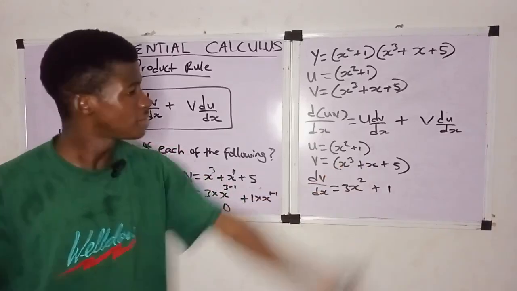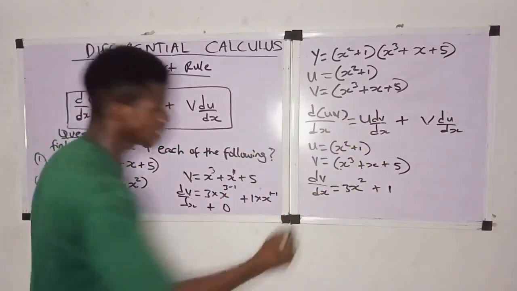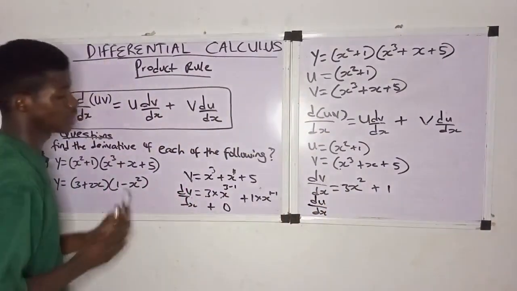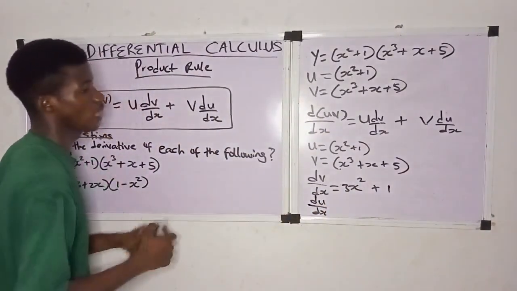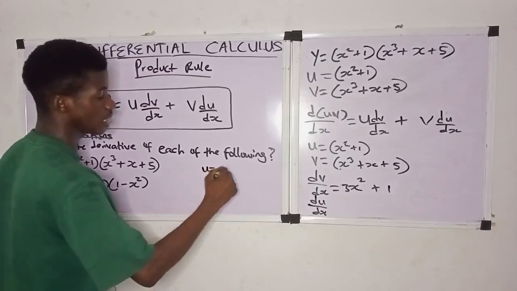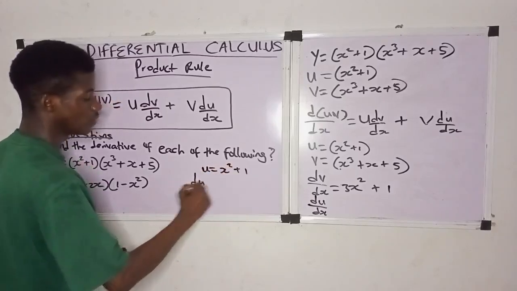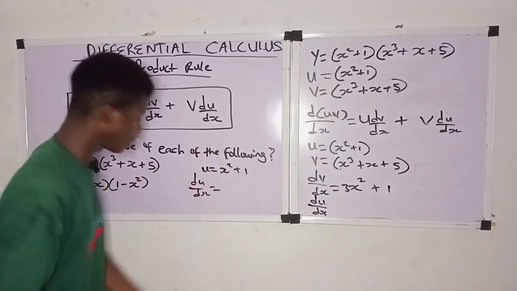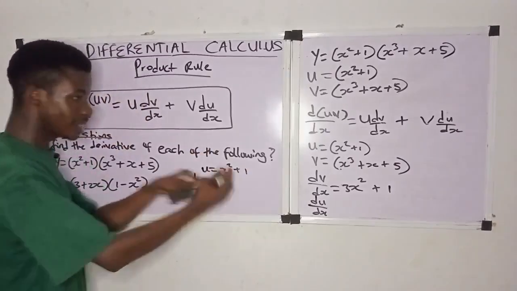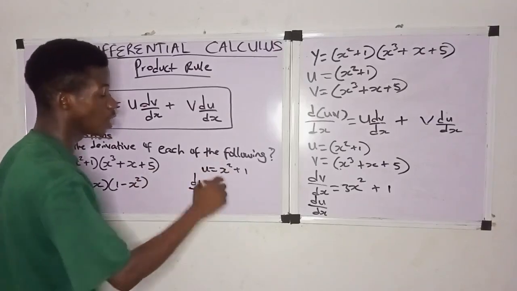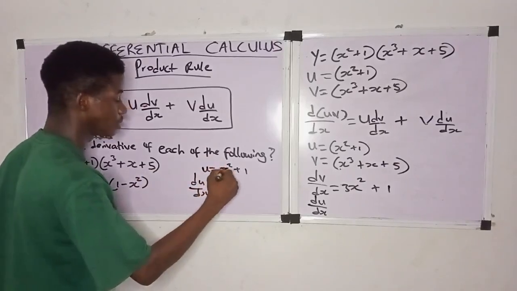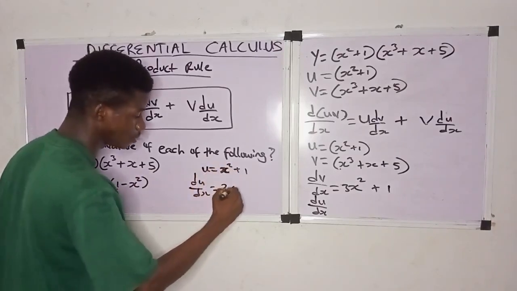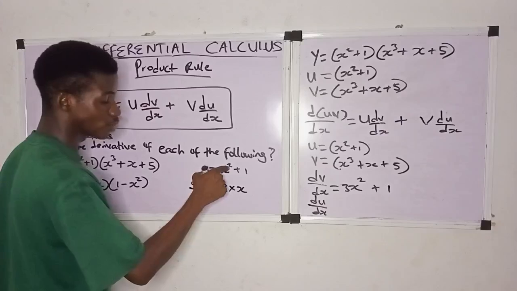What about dU over dS? It's very easy, the same thing. We differentiate U with respect to S. Now what is U? U is S squared plus 1. If you differentiate U with respect to S using the power rule, we multiply the variable by the power, so 2 times S, then we subtract 1 from the power.